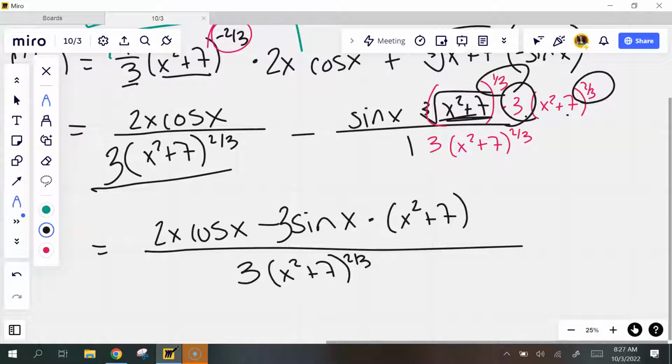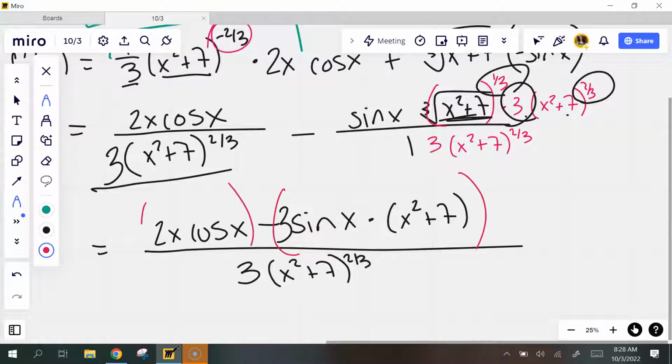Okay, do I look like anything yet? Not quite yet. I'm getting dangerously close to looking like 2/3 x cosine. Let's see. Okay, let's do this. Because I see this 2/3 in front here, right? Here's what I'm going to do.